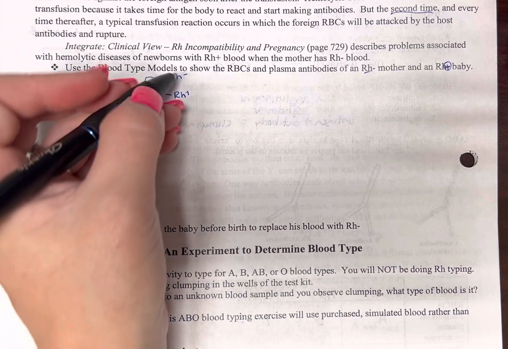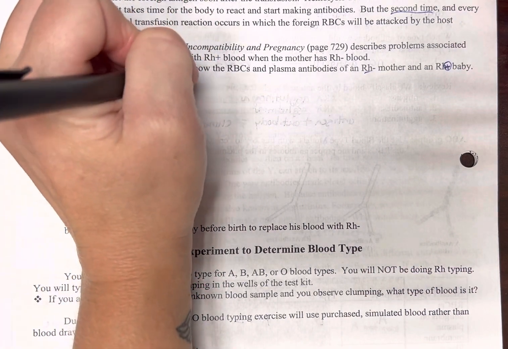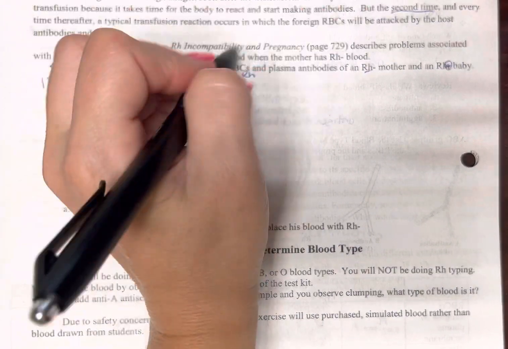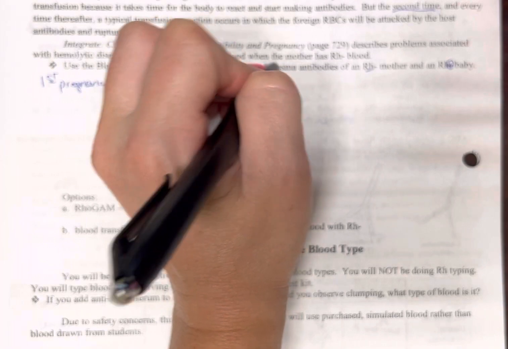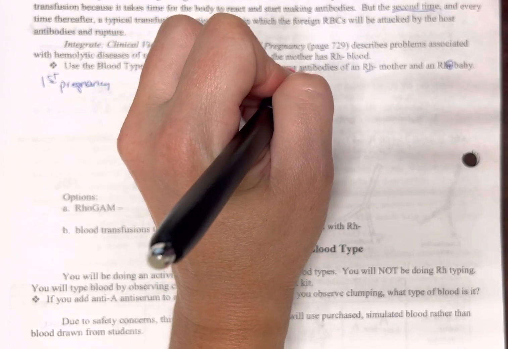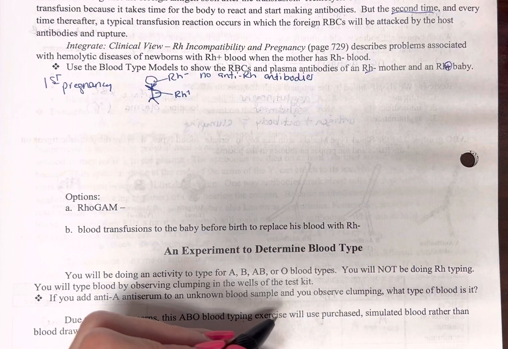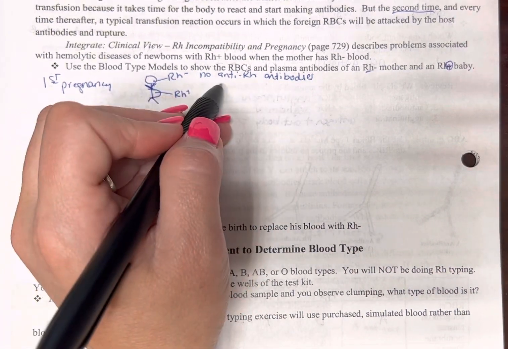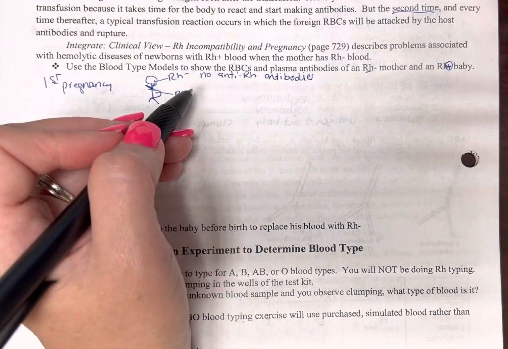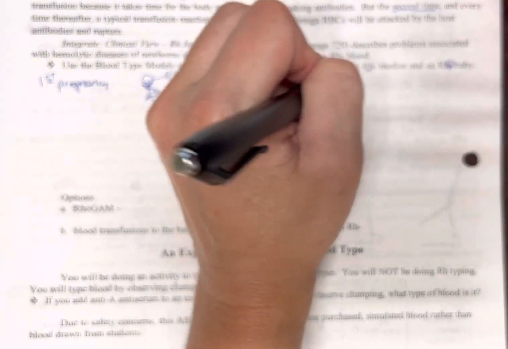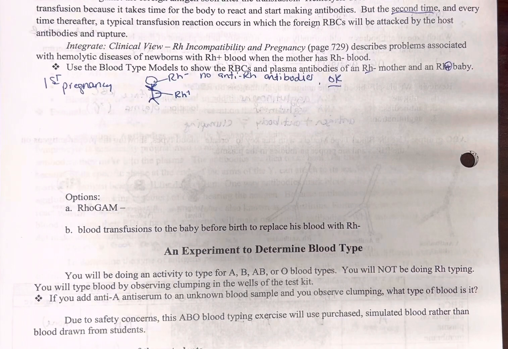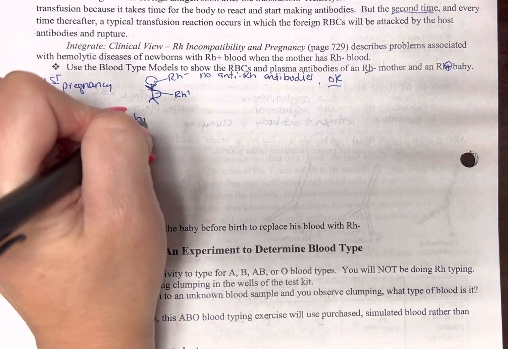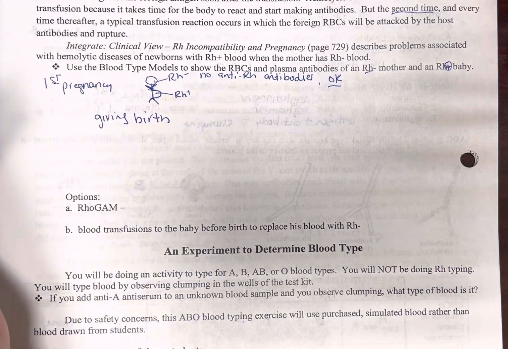So initially, mom is Rh negative, but she does not have anti-Rh antibodies because she doesn't naturally make them and she hasn't previously been exposed. This is a case in the US. So if mom doesn't have anti-Rh antibodies, everything's going to be okay. Now, what happens when we're giving birth? It is a messy process.